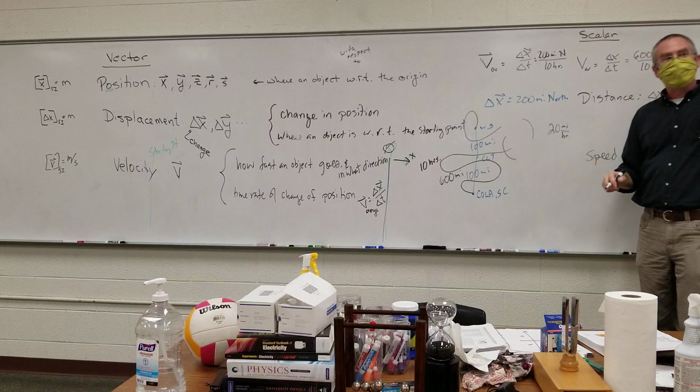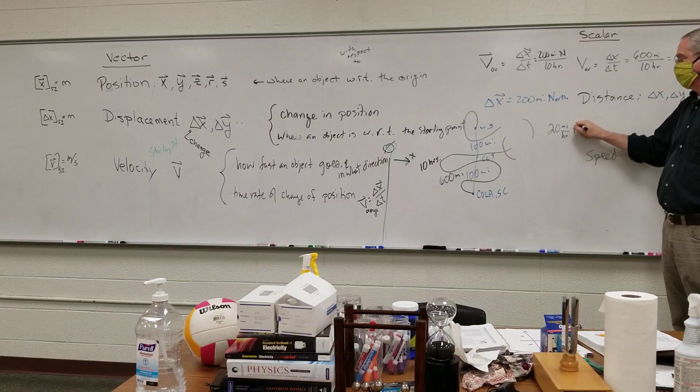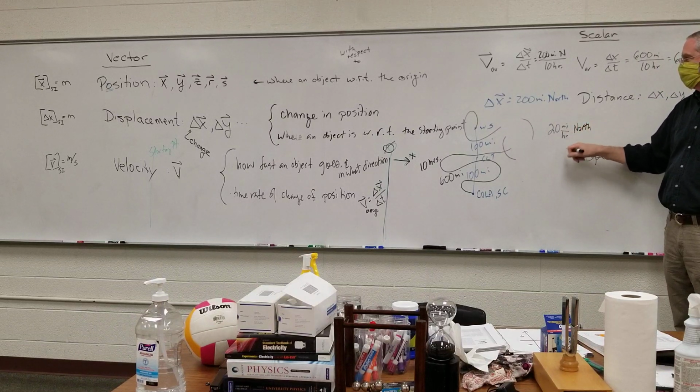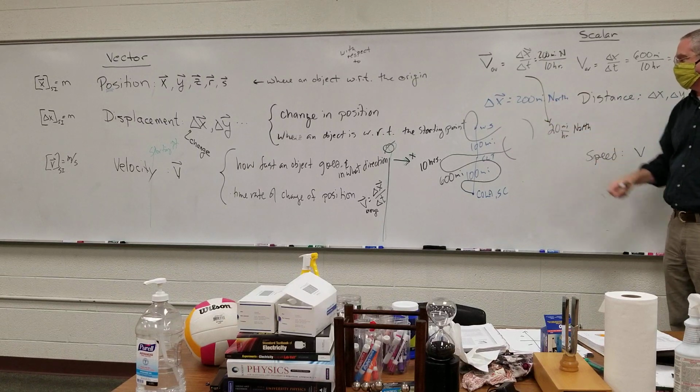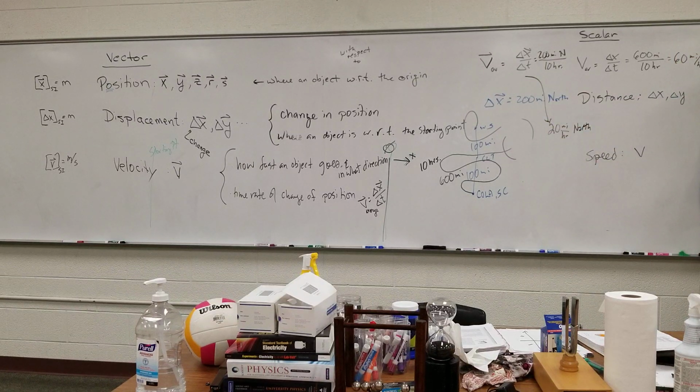As was stated, you left direction off, north. That's my average velocity. And that's how we calculate it every time. We put the displacement at the top, the time at the bottom, if you're finding average velocity.